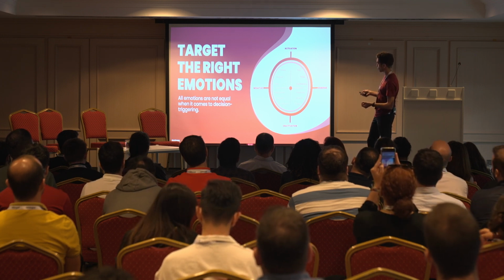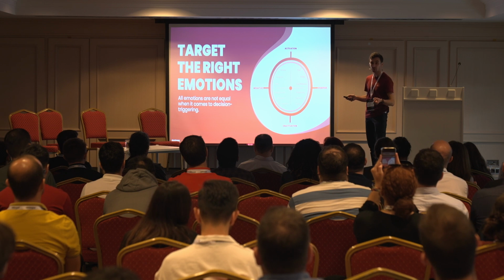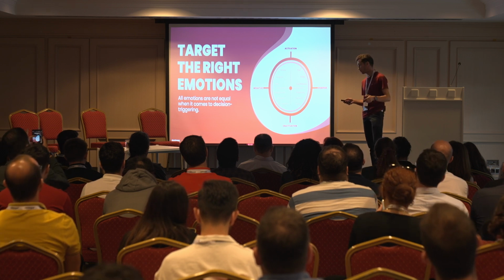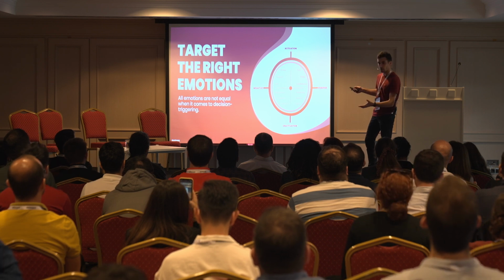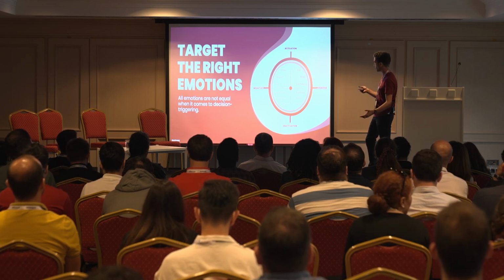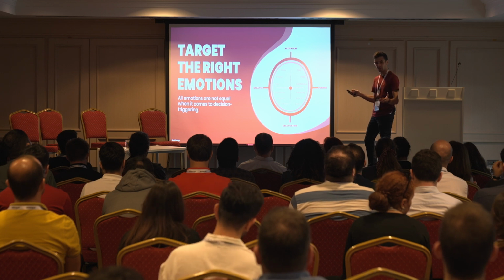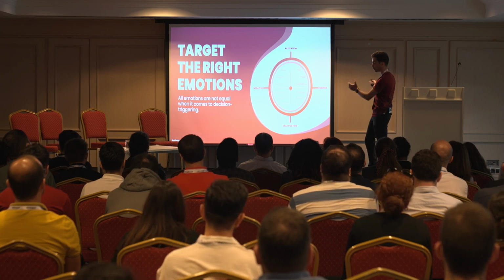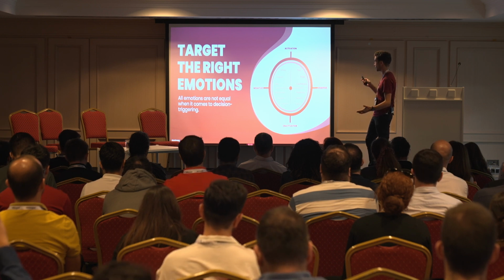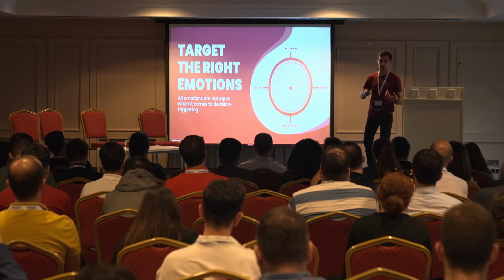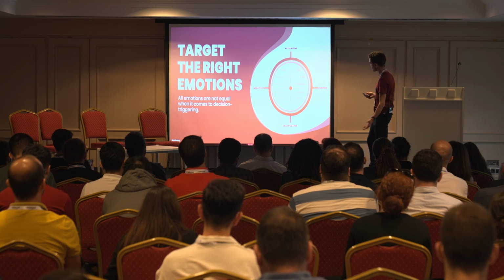This is the circumplex model of emotions. It was invented by a famous psychologist called James Russell. Basically, it's a mapping of emotion. On the x-axis, you go from negative, unpleasant emotions to positive ones. And on the y-axis, you go from deactivation to activation, activation being, in our case, conversion, basically.